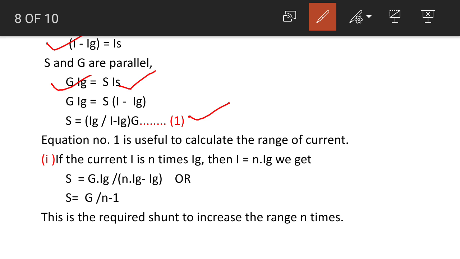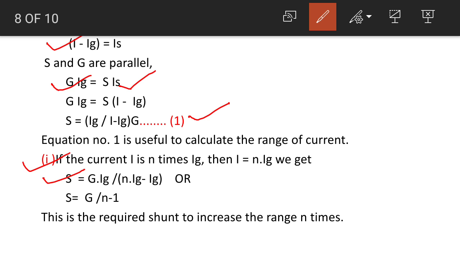Now, there are two cases. First case: if the current I is n times the current Ig, then I is equal to n into Ig. Substitute the value of I equal to n into Ig in equation number 1.